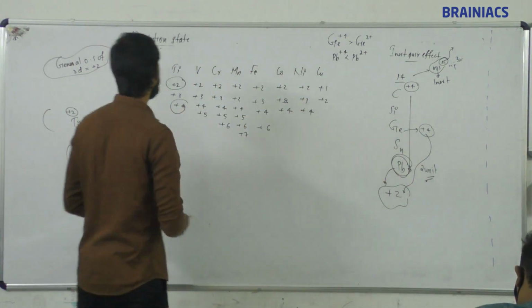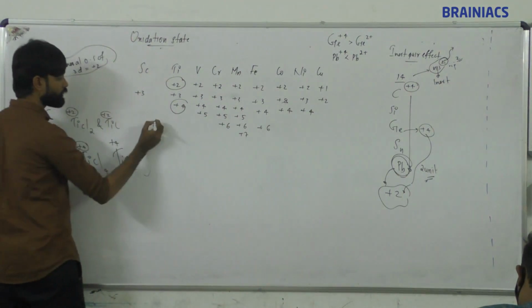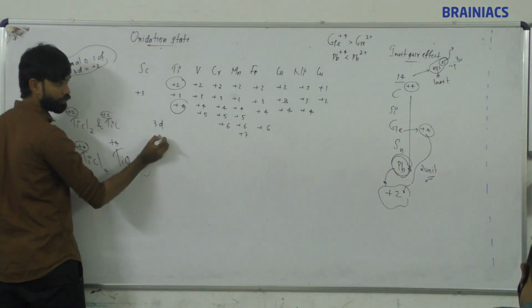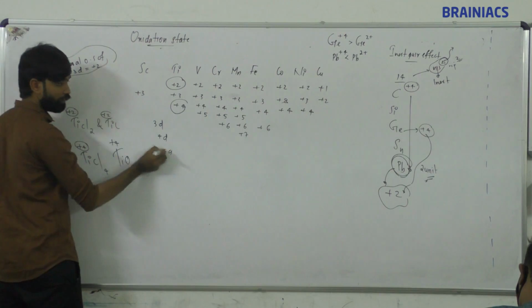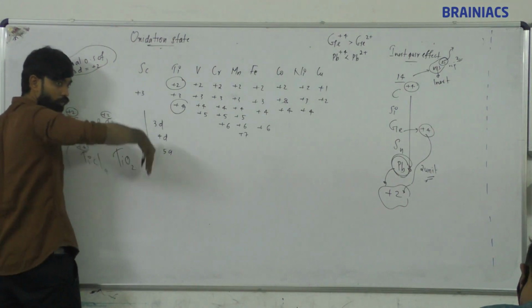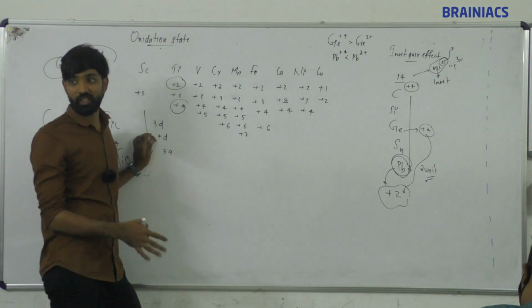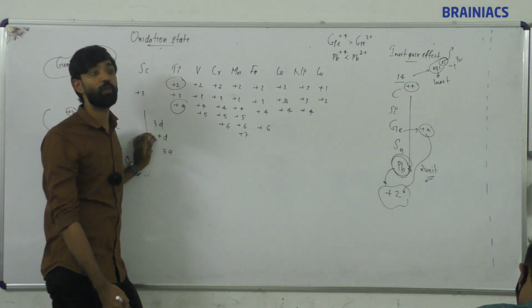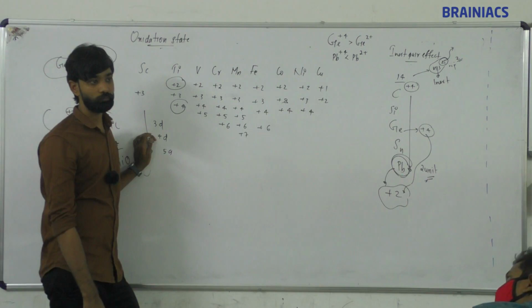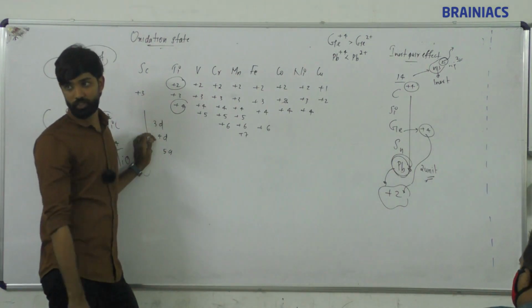But in the case of d block elements, if you are moving from 3d to 4d to 5d, down the group, the tendency to show the higher oxidation state increases, where the higher oxidation state is much more stable than the lower oxidation state.